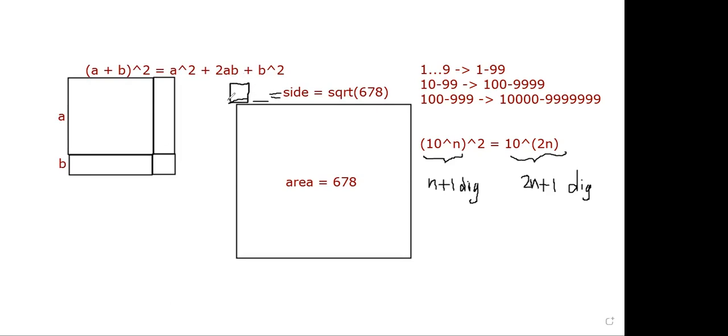So if we call this digit A, then we are trying to think of 10A such that the square of this, which is going to be 100A², has to be less than 600, right?